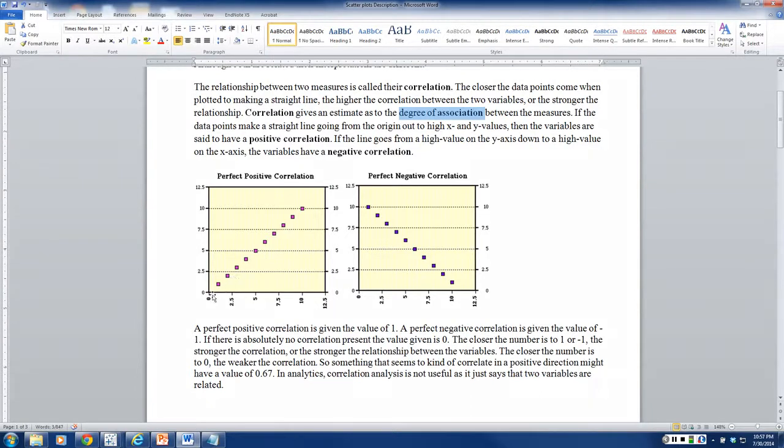So here we have a perfect correlation because all the points follow in one single line. It is positive because as you increase x, the y increases at the same time. This is an example of a perfect negative correlation because all the points are in one single line and the slope is minus, which is as x increases, y decreases.